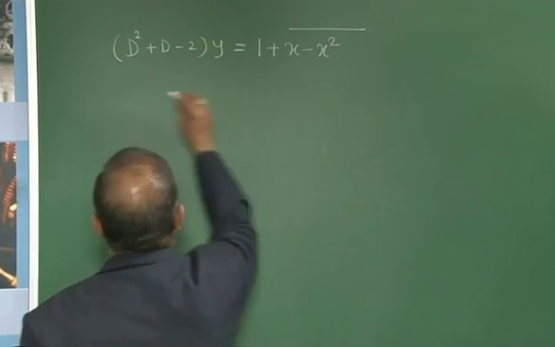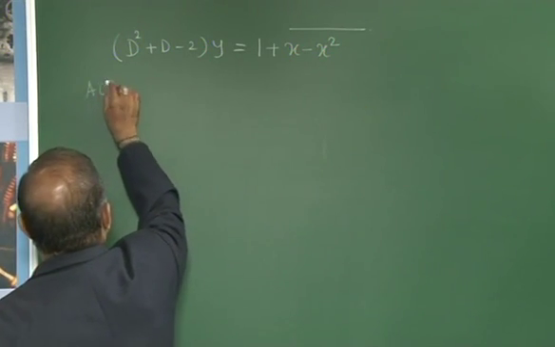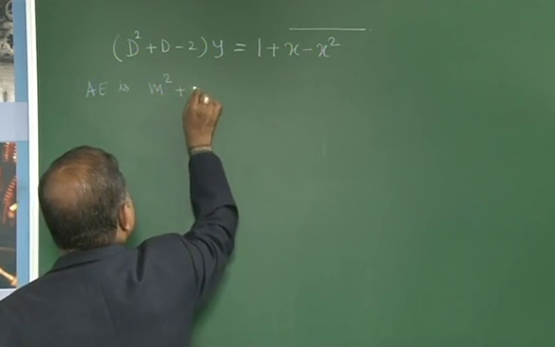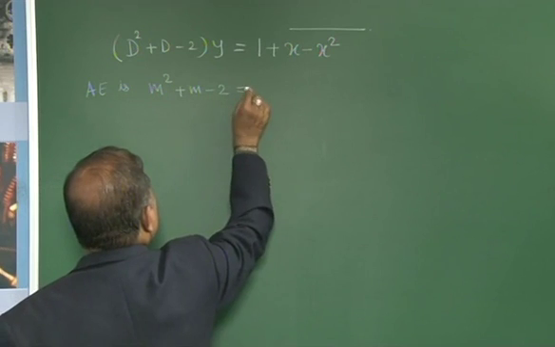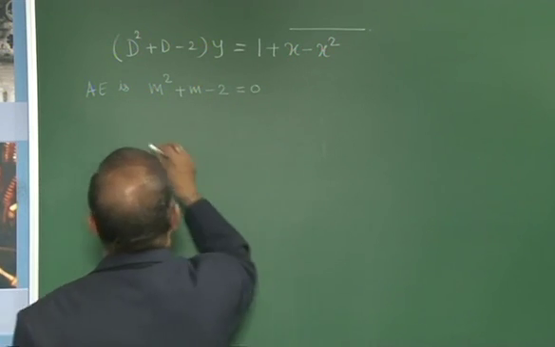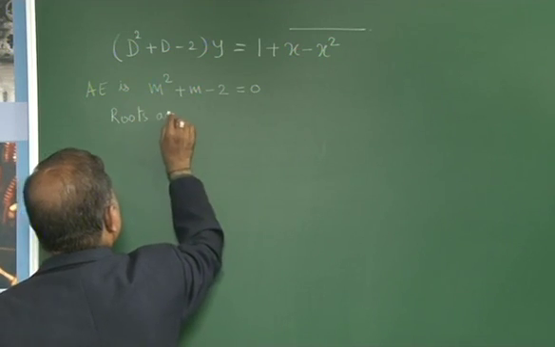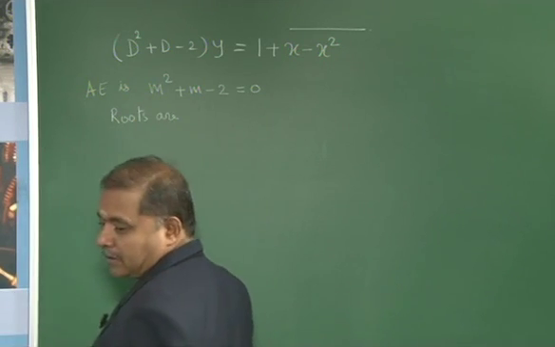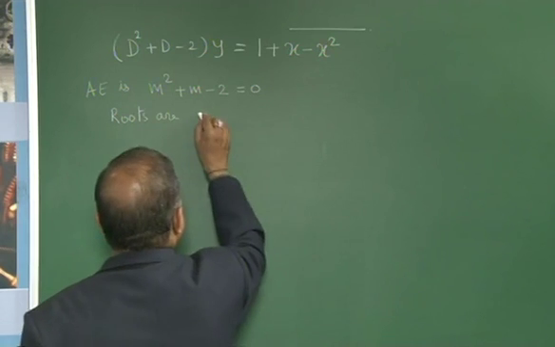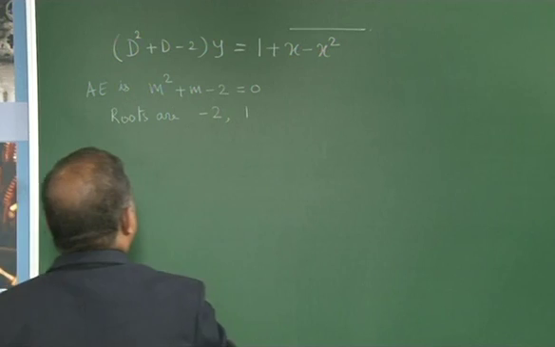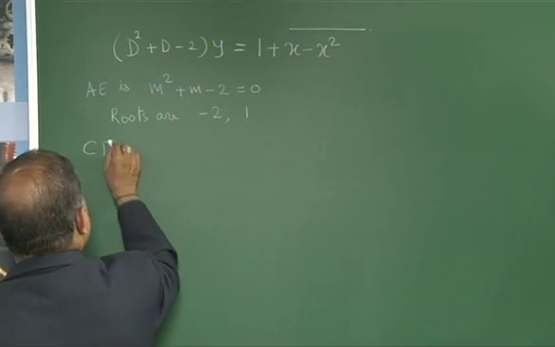As usual, write the auxiliary equation: m squared plus m minus 2 is equal to 0. By any method, the roots are minus 2, comma 1. So what is my CF?